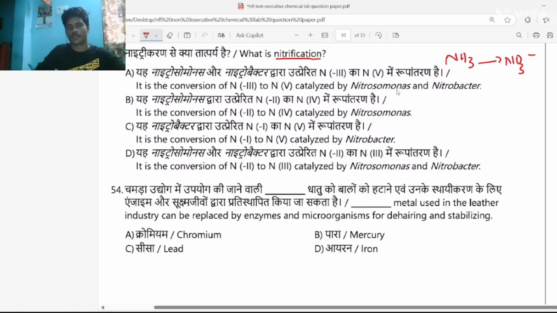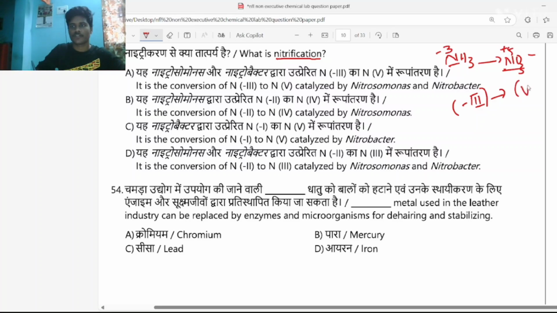There are 4 options, but the first thing you can see is ammonia, where nitrogen is in minus 3 obviously, and in nitrate nitrogen is in plus 5. So the answer is minus 3 going to plus 5. So the option would be option A.